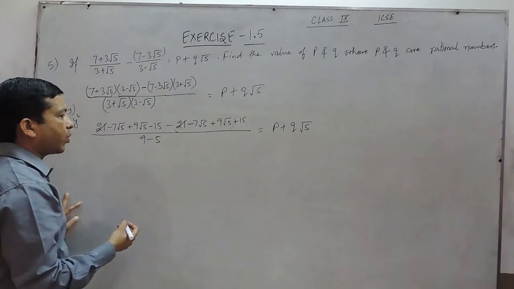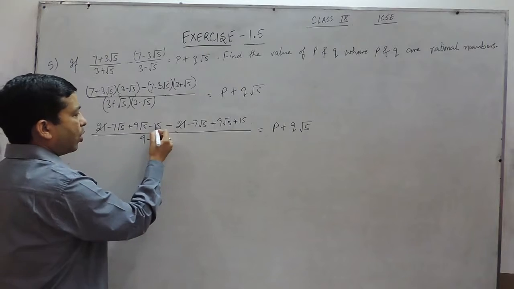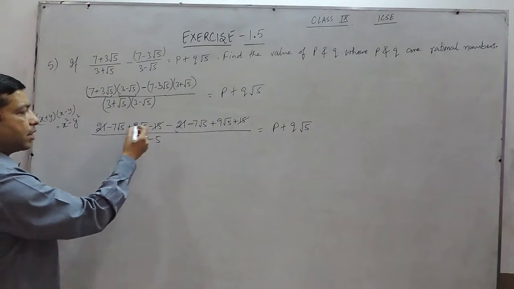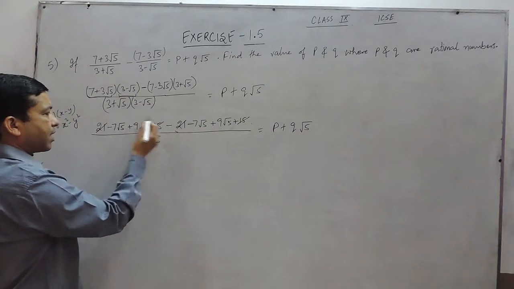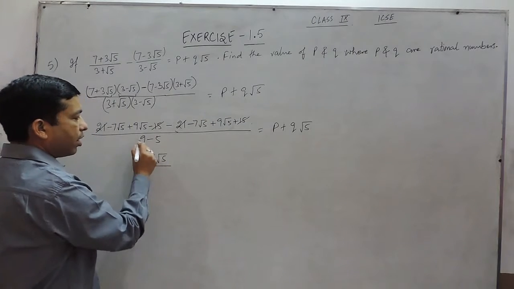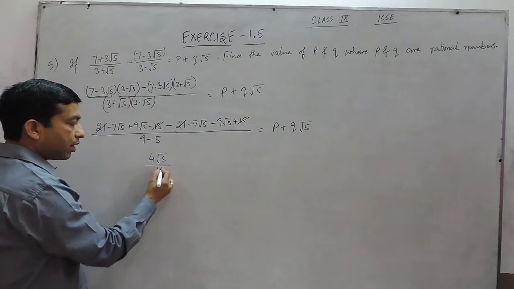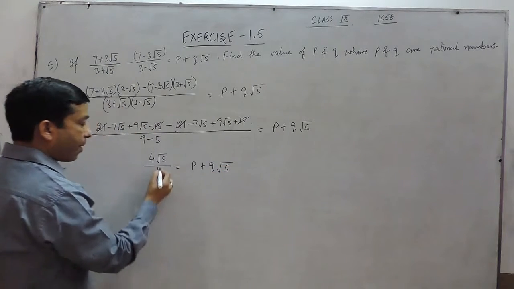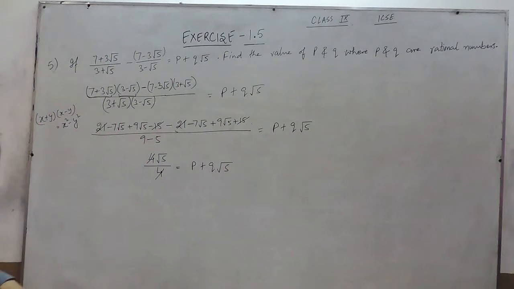21 can be cancelled out by 21, then 15 can be cancelled by 15. So the remaining term is 18 root 5 minus 14 root 5, that is 4 under root 5, upon 9 minus 5, that is 4, which is equal to p plus q under root 5. Now these two can also be cancelled out.